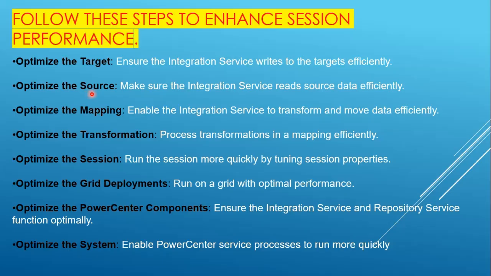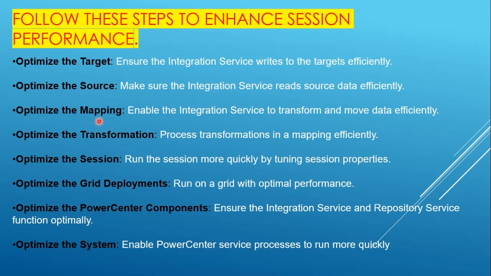Once you optimize the target, then optimize the source. Make sure the integration service reads source data efficiently. Suppose your integration service is stuck reading the data, you need to optimize your source first. Don't go to the transformation level. So first fix the target, then optimize the source.